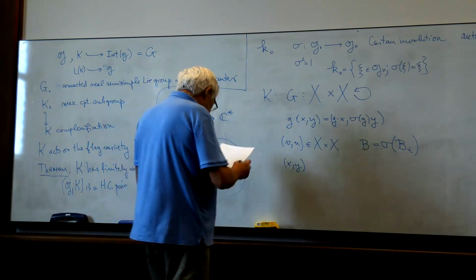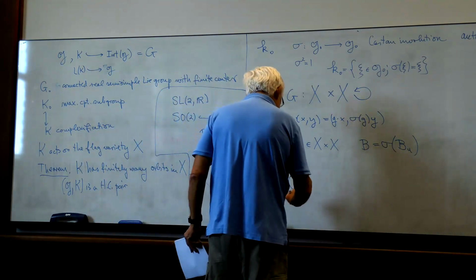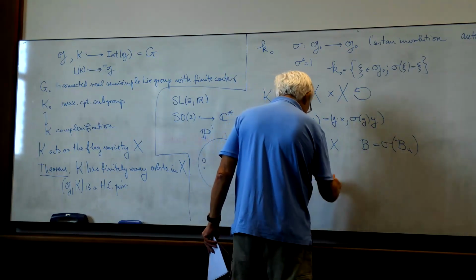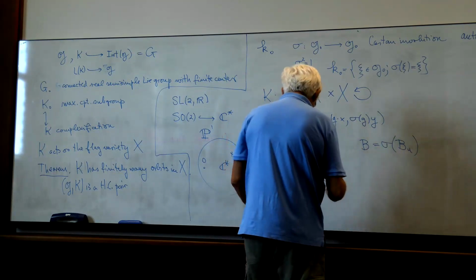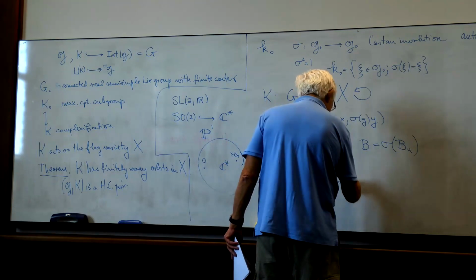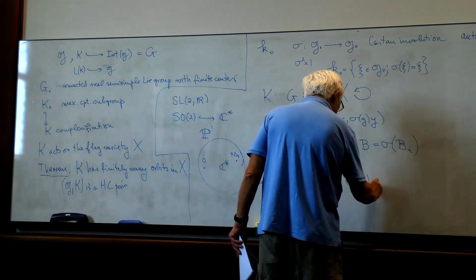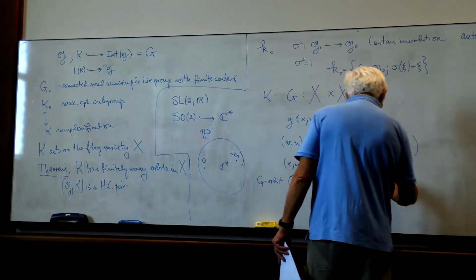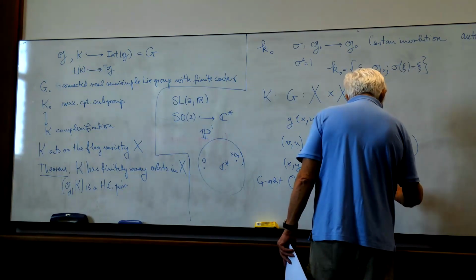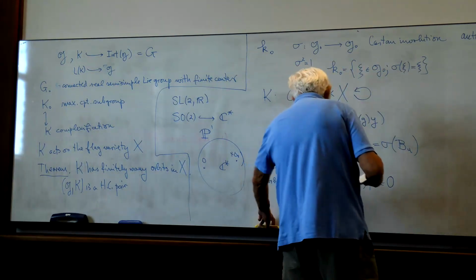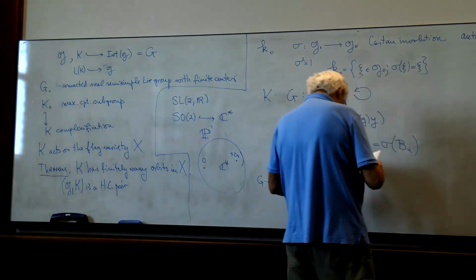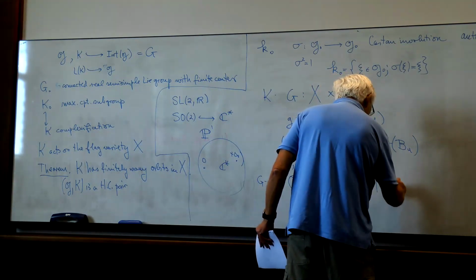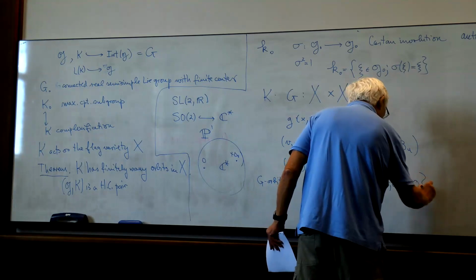And if I look at the map which attaches to a G orbit O the set which consists of V in X such that VU is an element of this orbit.